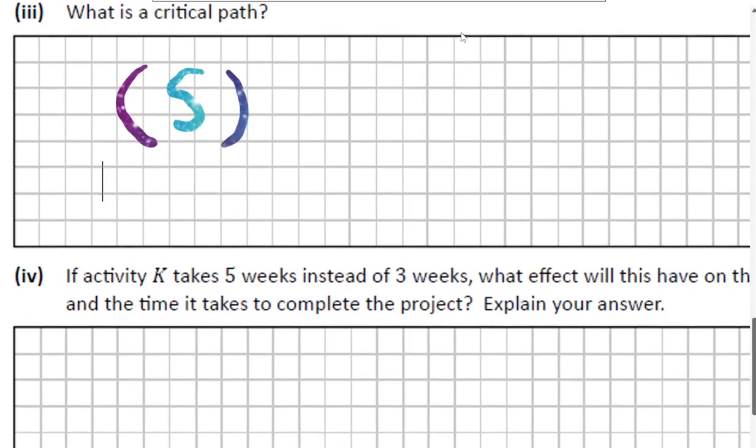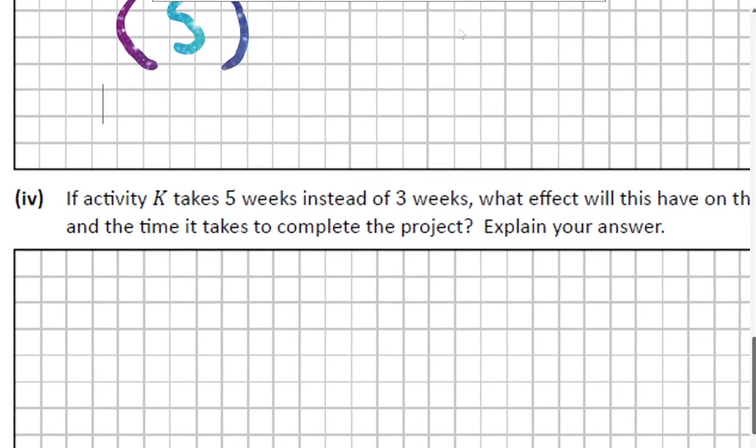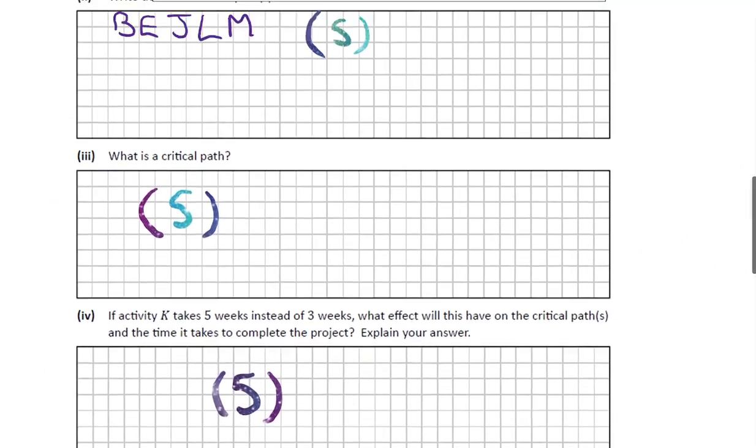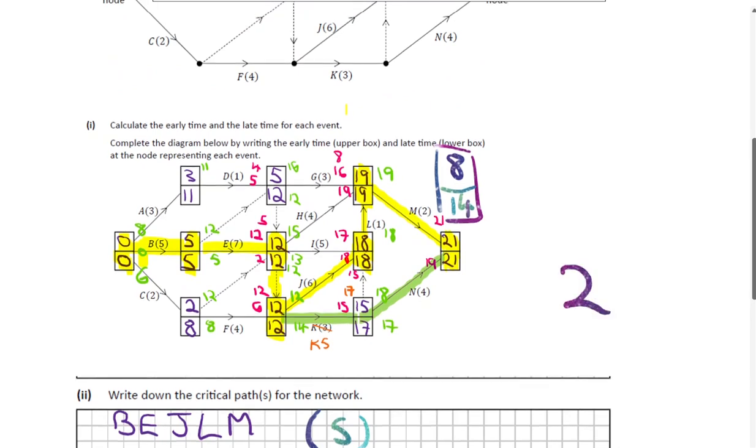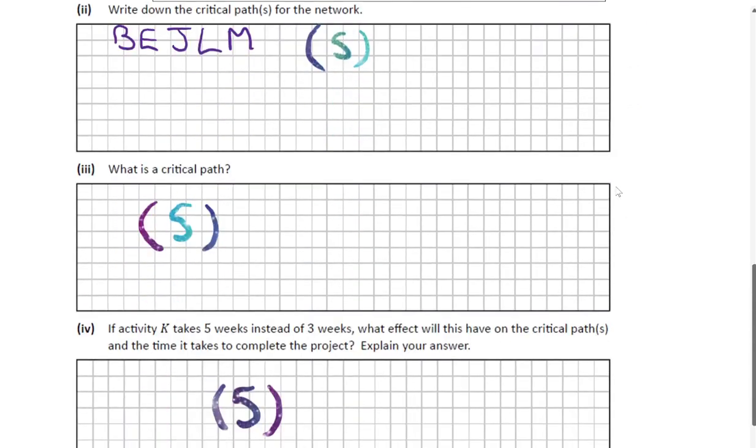And then part 4 was there is no effect on the time, but there's a new critical path, which was 5, which is exactly what it said. So that's 20 in total. So that was 35 marks.